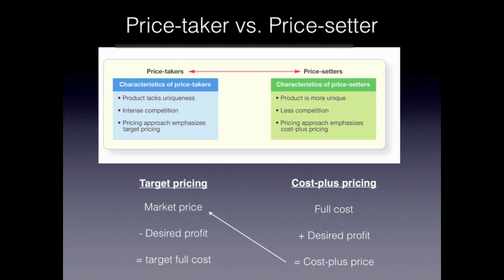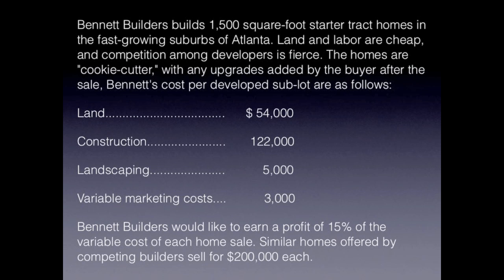So let's look at an example of a price taker and a price setter. Bennett Builders builds 1,500 square foot starter tract homes in the fast-growing suburbs of Atlanta. Land and labor are cheap, and competition among developers is fierce. The homes are cookie cutter, with any upgrades added by the buyer after the sale.